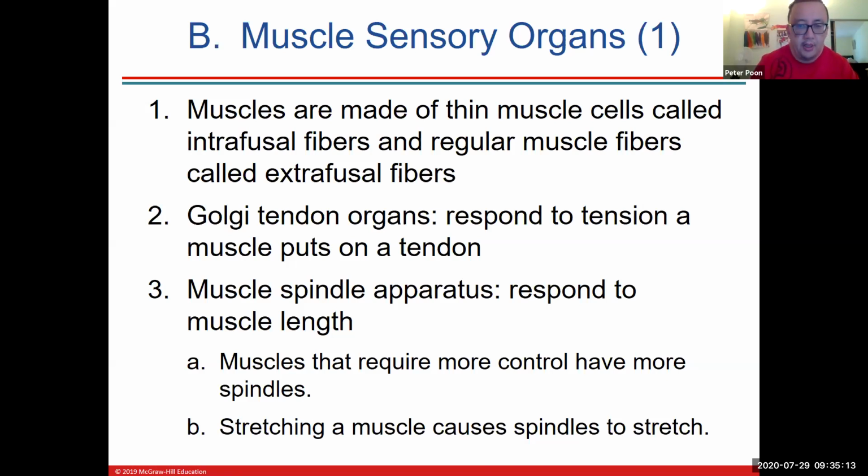So let me explain. The Golgi tendon organ and the muscle spindle apparatus. The Golgi tendon organ responds to the tension that the muscle pulls on a tendon, so it's located between the muscle and the tendon. The muscle spindle apparatus responds to muscle length, so it's in the middle of the muscle.